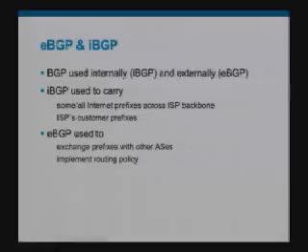So as I say here, iBGP is used to carry some or all of the internet prefixes across the service provider backbone, and it's where you put your ISP customer prefixes. In the old days, many, many years ago, people didn't really bother much with iBGP.